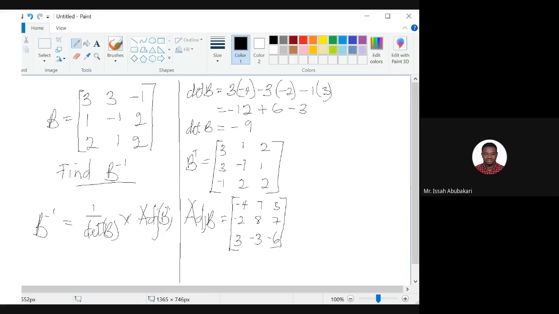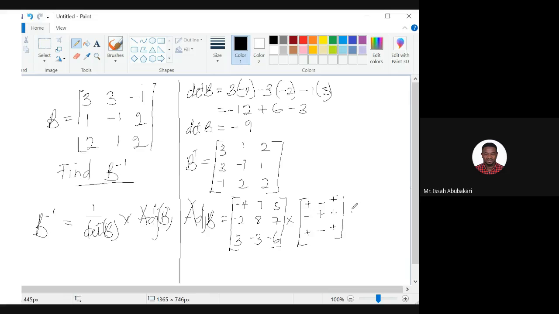All right. So we multiply this by our sign chart, which starts with positive, negative, positive, negative, positive, negative, positive, negative, positive.